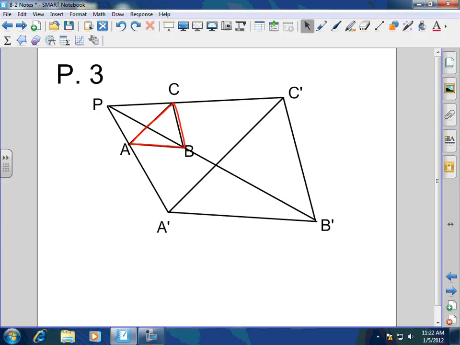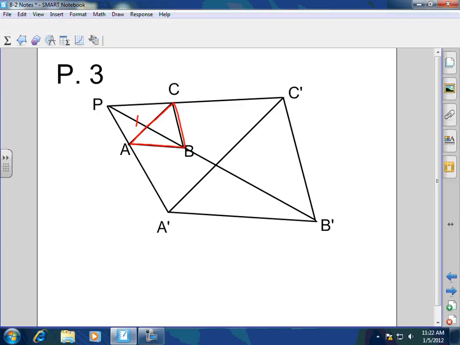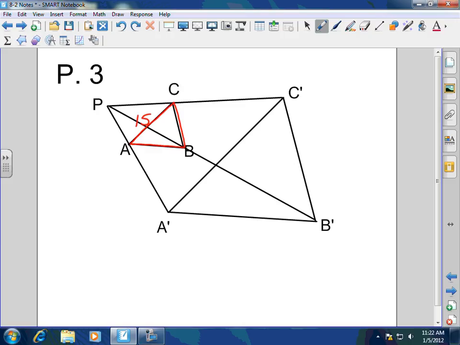And then they're extended to 3 times their original lengths to points A prime, B prime, and C prime. What are the lengths of the sides of triangle A prime, B prime, C prime? Well, they tell you that AC is 15, that AB is 12, and that CB is 10.